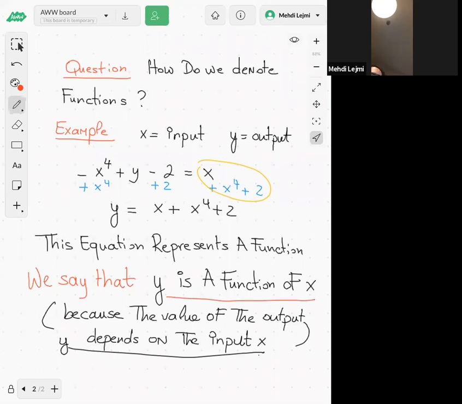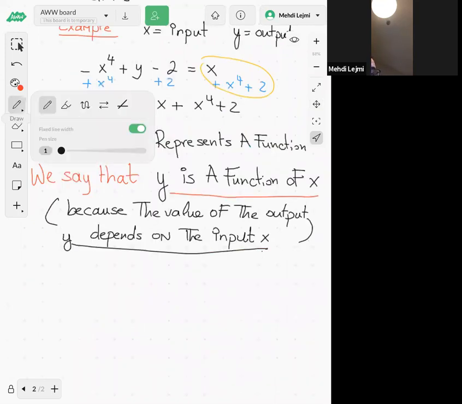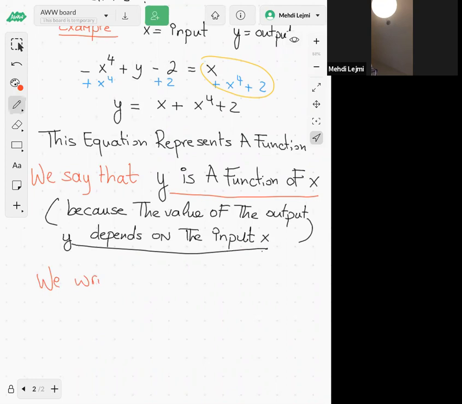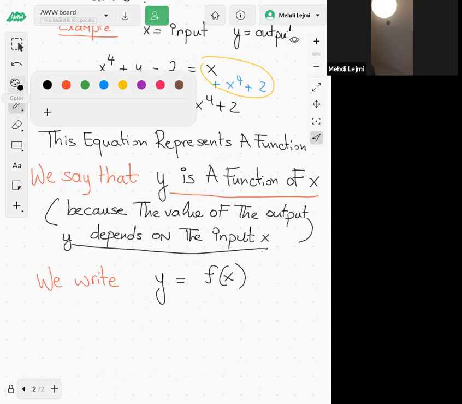So Y is a function of X, and then we write Y equal to f of X. So this f of X is a notation for functions.